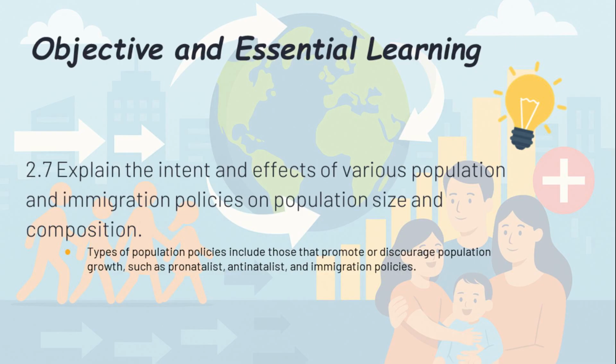Then there are anti-natalist policies, which try to slow population growth and say, okay everyone, let's keep the numbers manageable. By the end of this video, you'll see how these policies shape the balance between population growth and control, and why countries care so much about it. Next, we'll check out how pronatalist policies actually work, and what motivates governments to promote them.